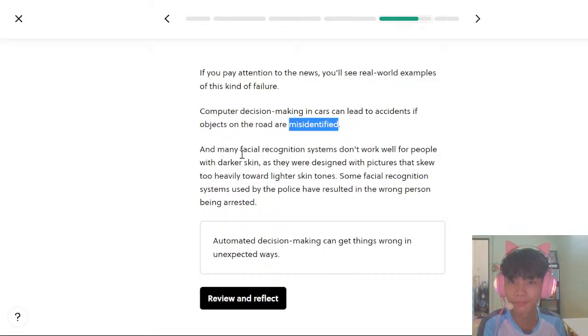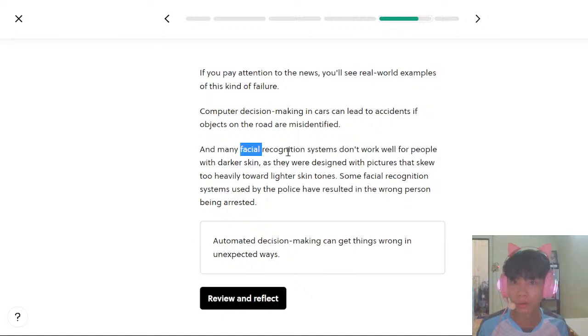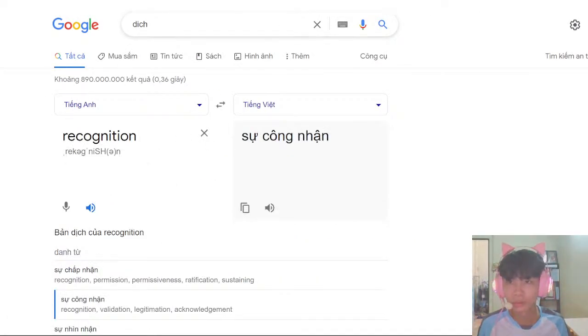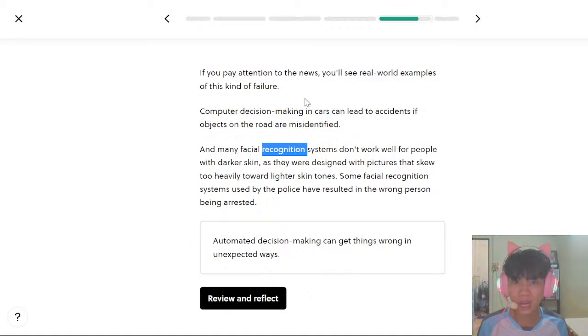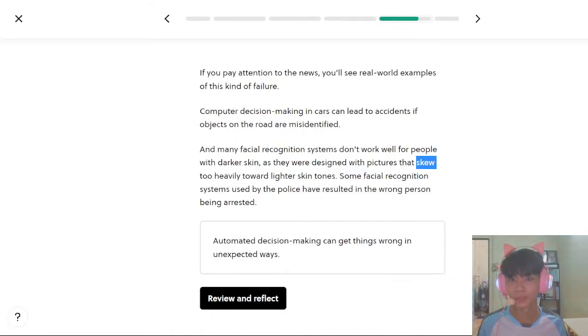And many facial recognition systems don't work well for people with darker skin, as they were designed with pictures that skew too heavily toward lighter skin tones.